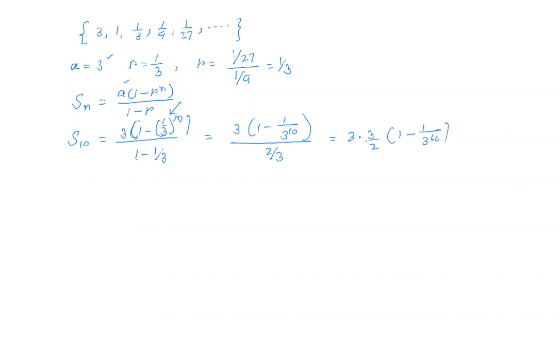And this number, by the way, is very small. 1 over 3 to the power 10 is very small. So the number you get from here is going to be 0.9999, a bunch of nines, okay? So you have to multiply it by 9. 3 times 3 is 9 divided by 2 is 4.5, right? So it's going to be 4.5 times 0.9 something. Your calculator will give it to you.